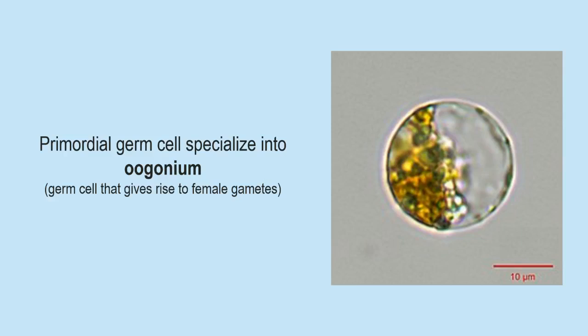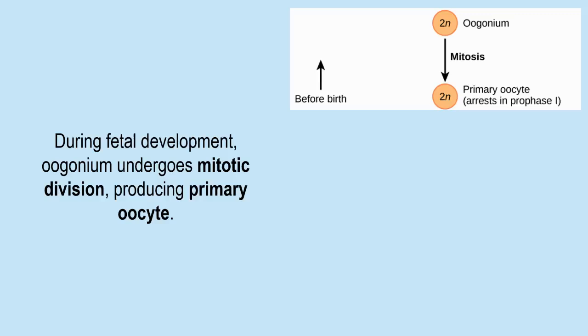So oogonium is the initial germ cell in the female reproductive system that develops into an egg cell or the ovum, a diploid cell that undergoes mitosis to produce primary oocytes, which eventually undergo meiosis to form mature ova. Ayan po.